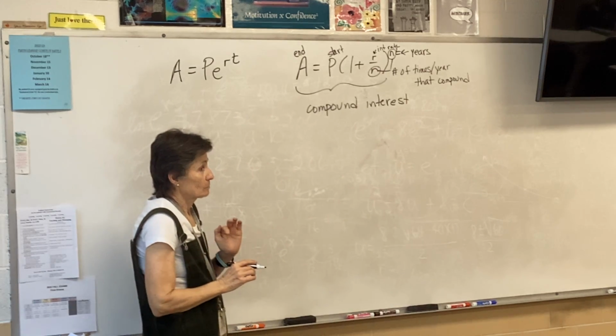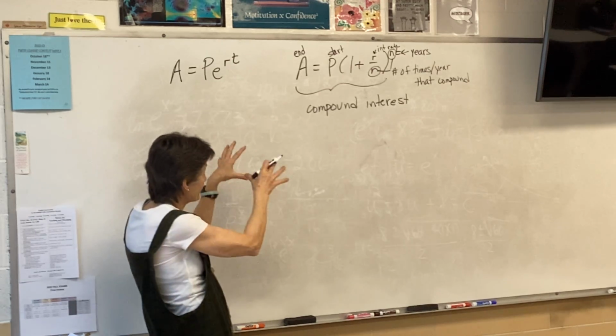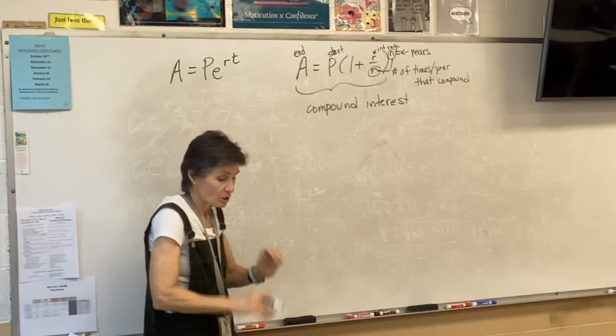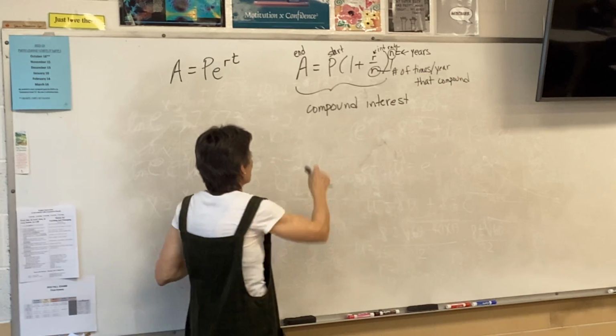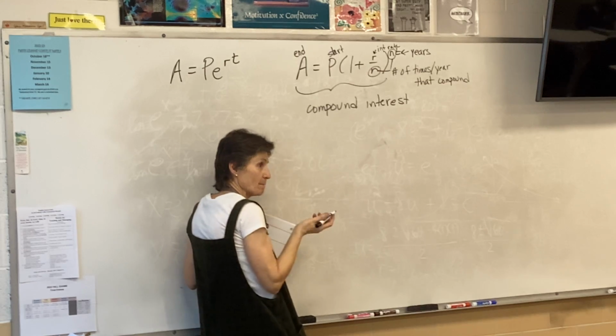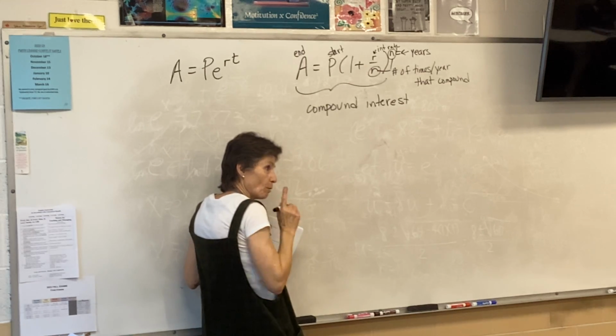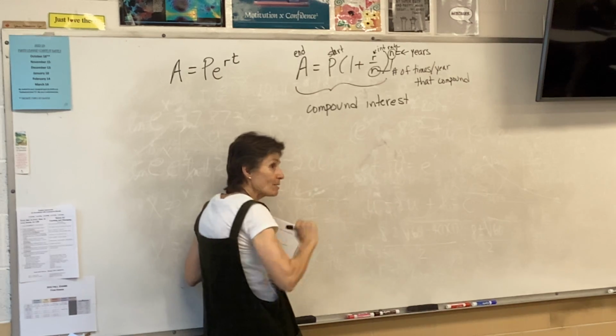So, let's see if we can plug this information in, and solve this. Do I have an A value? Do I have an ending amount in problem 1? Meg? 2,000.